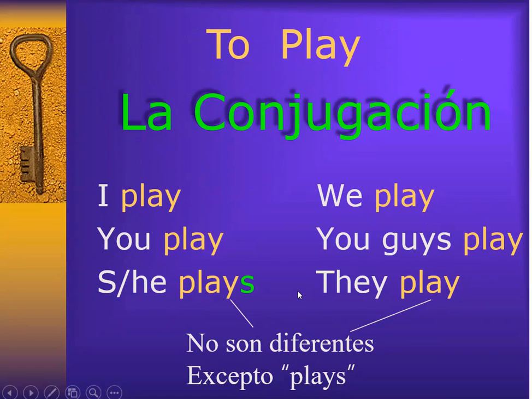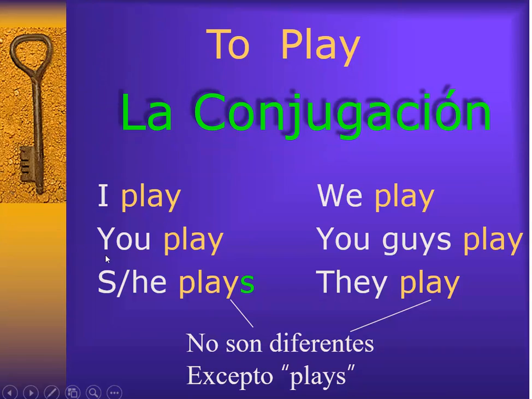Let's see some more examples. Well, regular verbs in English, you don't see much change when you conjugate it. For instance, the verb to play. So here I can identify, okay, this verb is in the infinitive form, right? Because you see the "to" here. But here it is not in the infinitive form. It's conjugated. But in English, you don't see much change.